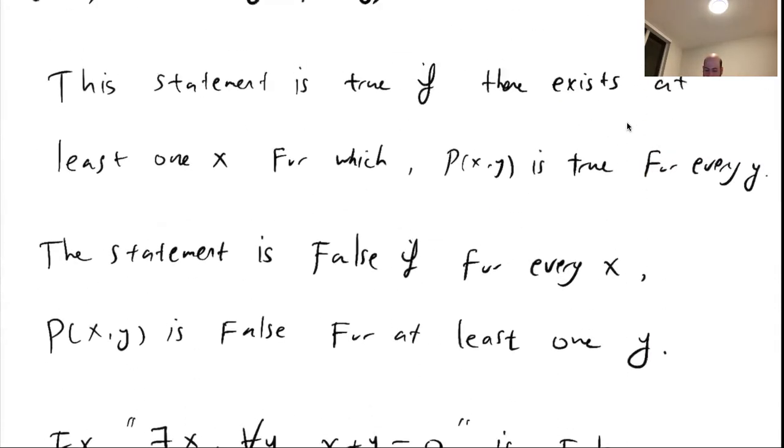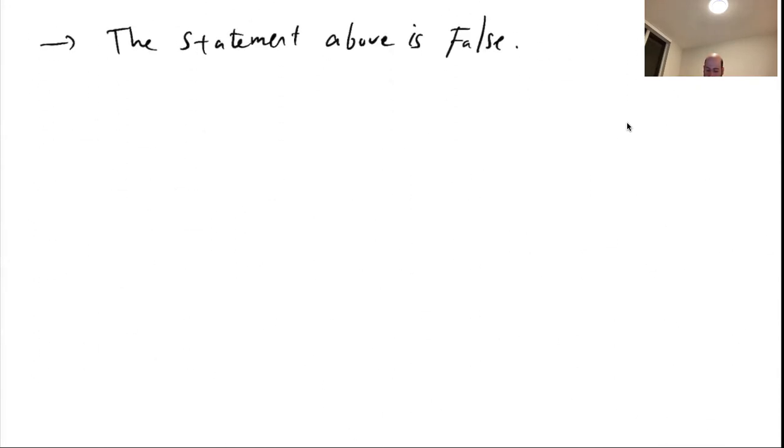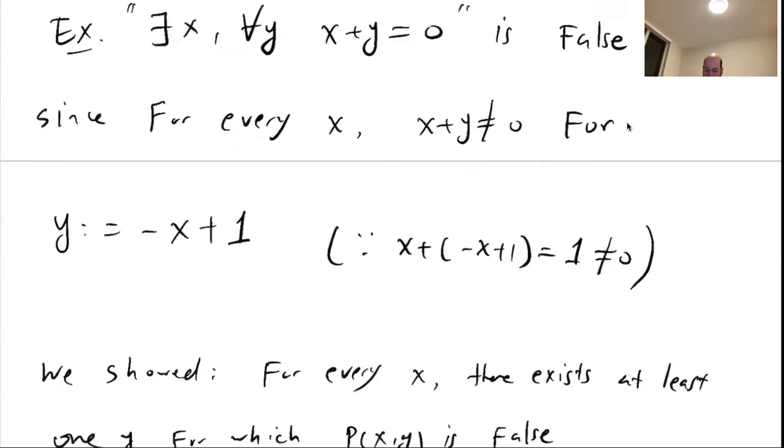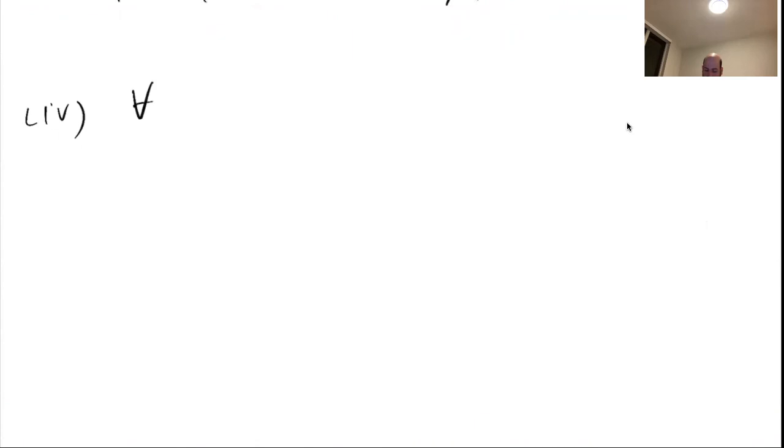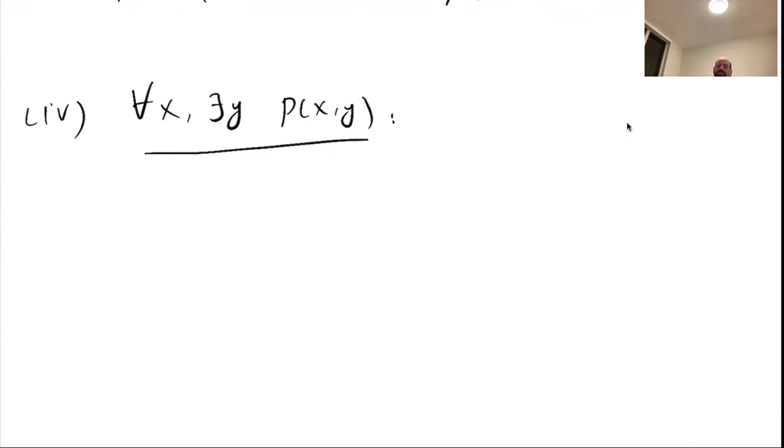All right, so this was the third type, and the fourth type is, so this one we said for each x, there exists y, p of x and y. Let's compare it again in the context of classes in Columbia College and students in those classes.